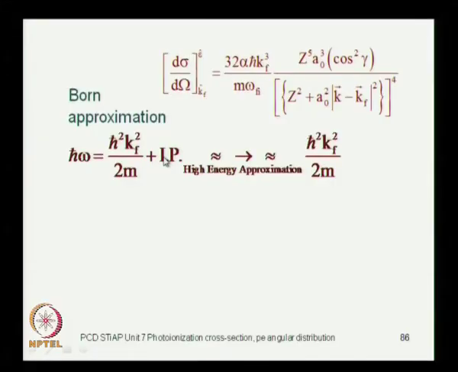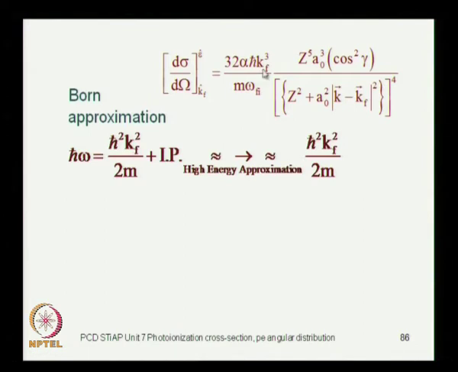You expect it to work at high energies, okay, because that is when the kinetic energy of this photoelectron is much larger than the ionization potential. Okay. So, if the physical process is taking place, for example, at 1000 eV, okay, and the binding energy is of the order of 10 eV, like 13.6 eV for the hydrogen atom, right.